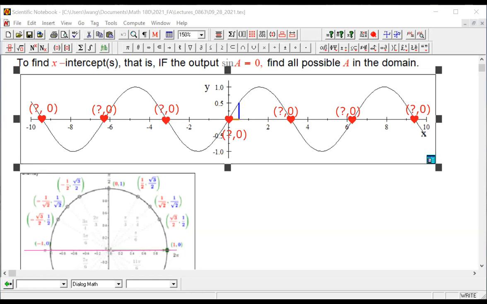Any angle that terminates on either one of these terminals will make the output equal 0, right? Do you guys see that?